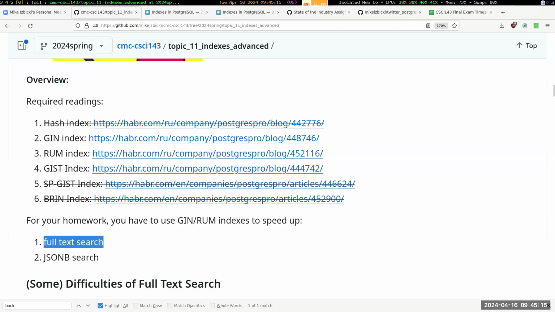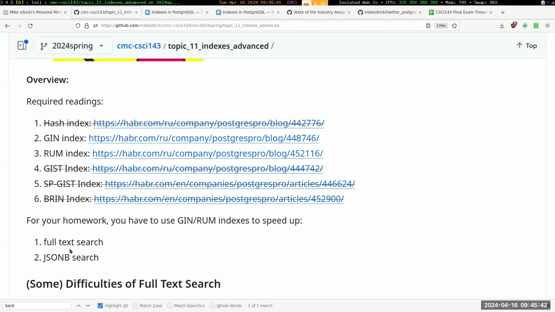Those queries are doing things called full text search or searching through the JSONB entries. Today in class, we're going to go over at a high level what full text search means, and then we'll go into the details on how these indexes speed up those operations. After today, you should be able to do everything for the homework assignment.